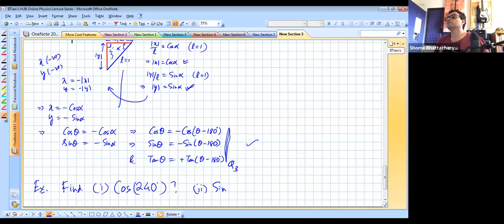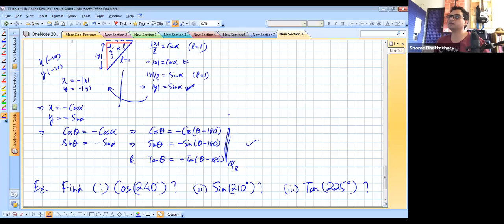Sine of 210 degrees. And also let's find out tan of 225 degrees.